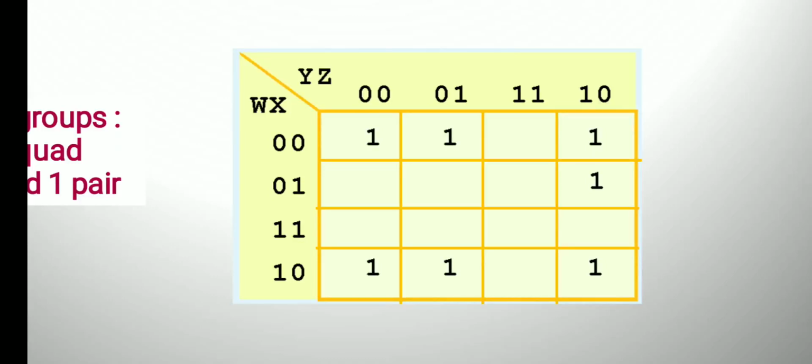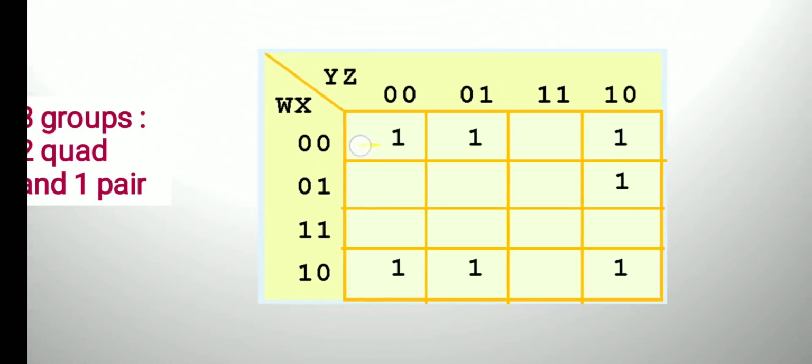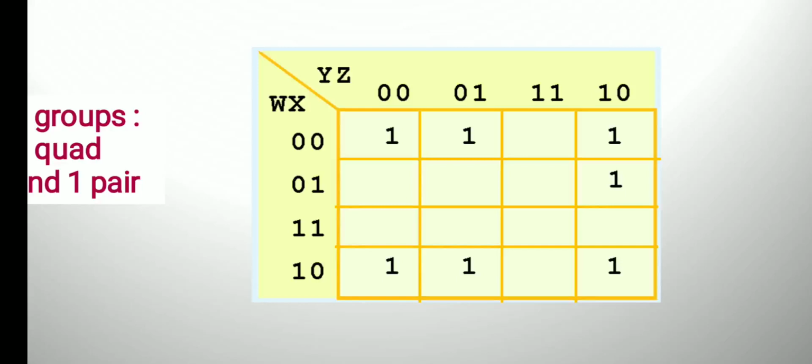In the first row, wx is 00, whereas yz changes its value.